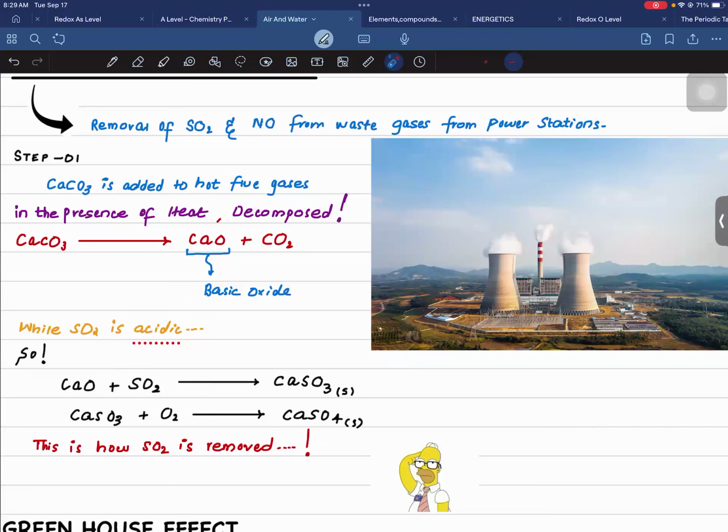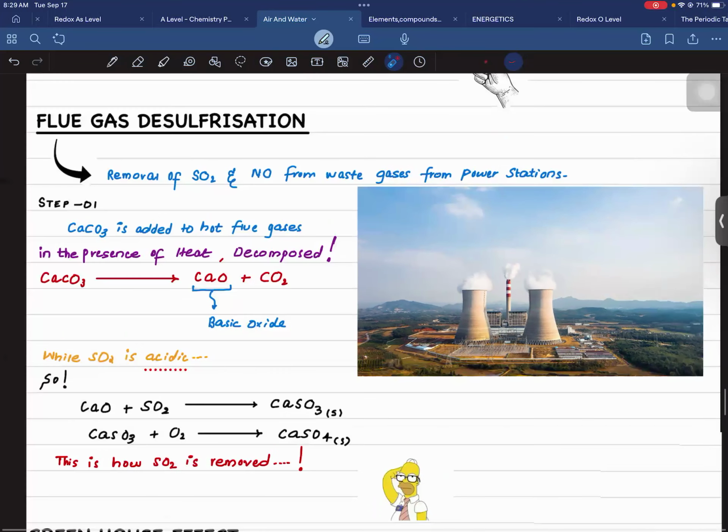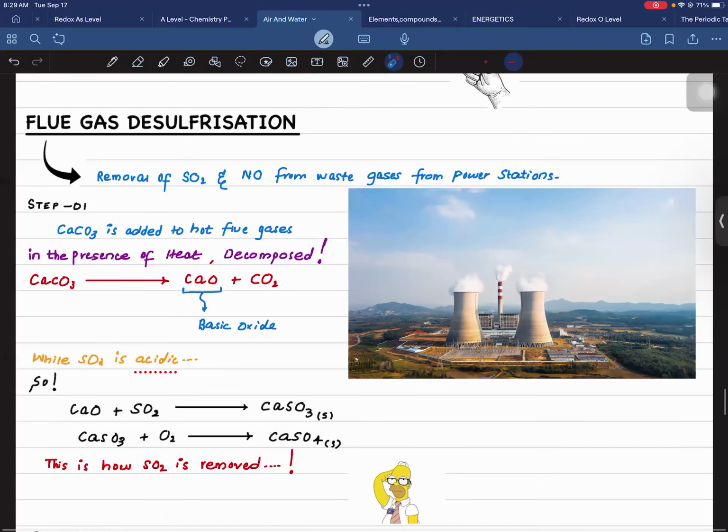So when the examiner asks how we are supposed to remove sulfur dioxide from these waste gases, you will say that we are supposed to add calcium carbonate first. Obviously there is a very high temperature, so you don't need to do anything else. When you introduce calcium carbonate, it breaks down into calcium oxide and carbon dioxide.